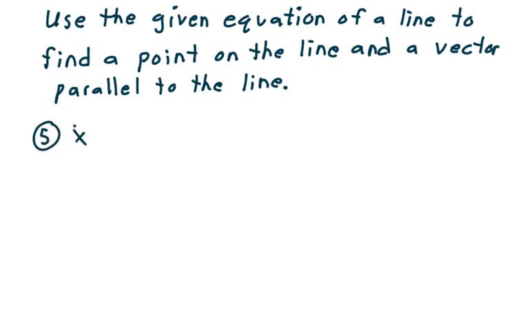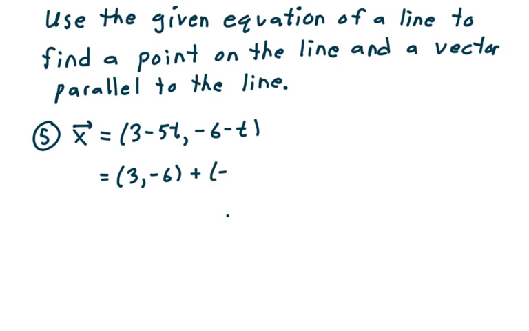Now, x equals 3 minus 5t, and then y is negative 6 minus t. So that's the vector. But we can write this as (3, negative 6) plus (negative 5t, negative t). But this is equal to (3, negative 6) plus t times the vector (negative 5, negative 1).